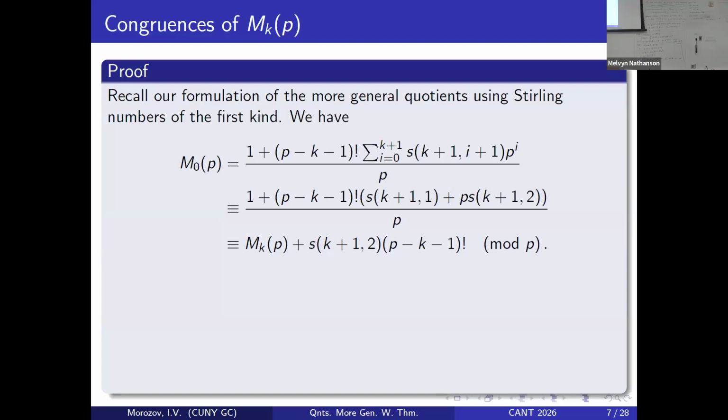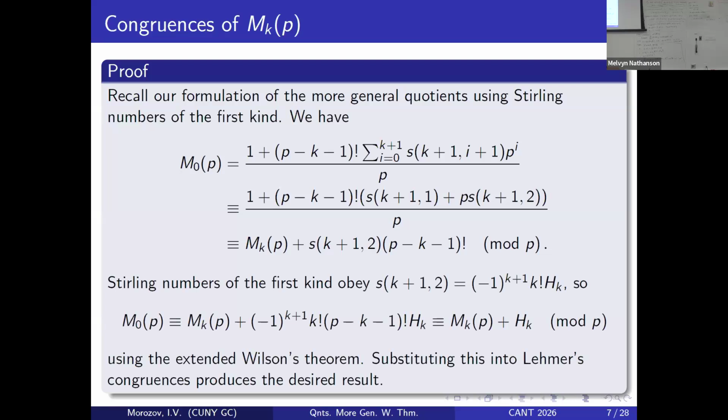And here, for the Wilson quotients, we take the expression that has the Stirling numbers of the first kind for i bigger than or equal to 2. We see that these terms in the sum divided by p are 0 modulo p. And so after a simple reduction and redistribution, we see that this is congruent to the general quotients plus this expression with the Stirling numbers of the first kind again.